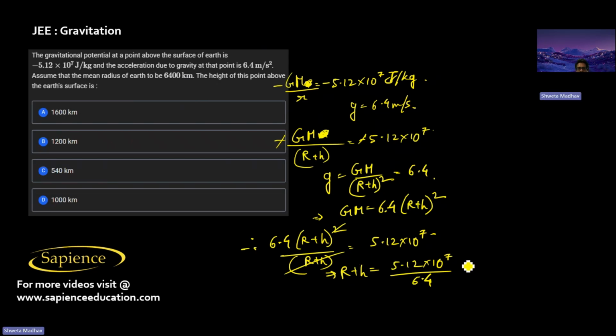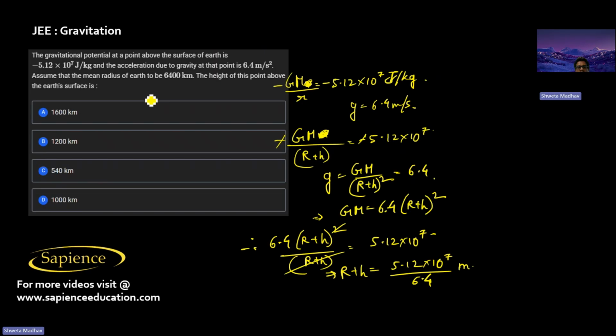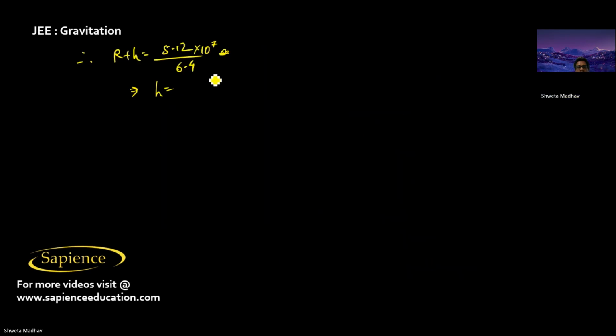Okay, so this much meters it will be. Therefore, r plus h is equal to 5.12 into 10 power 7 divided by 6.4 meters. Converting to kilometers, dividing by 1000, this is 5.12 into 10 power 4 by 6.4 kilometer, minus the radius of Earth, which is 6,400 kilometers.